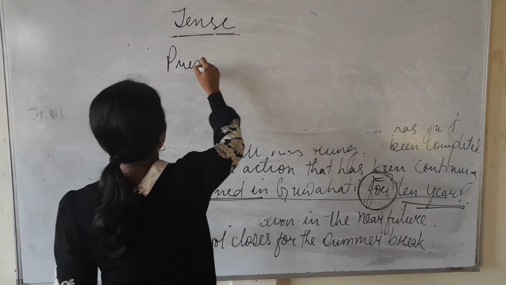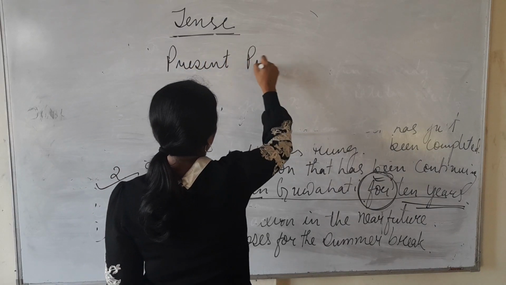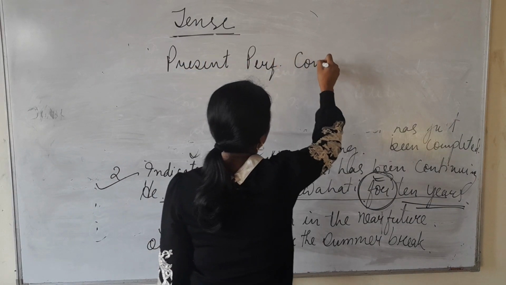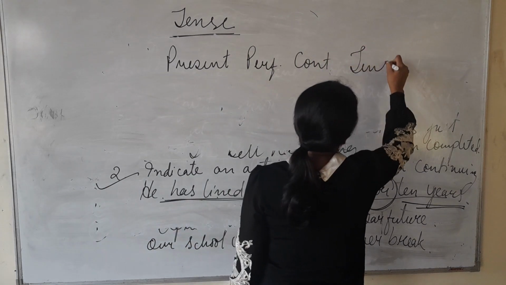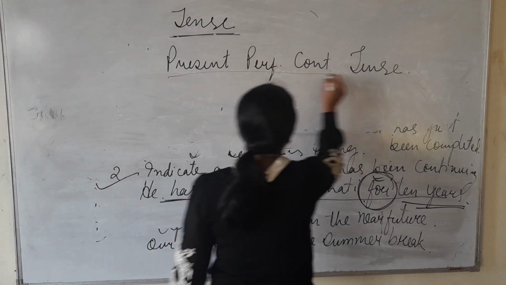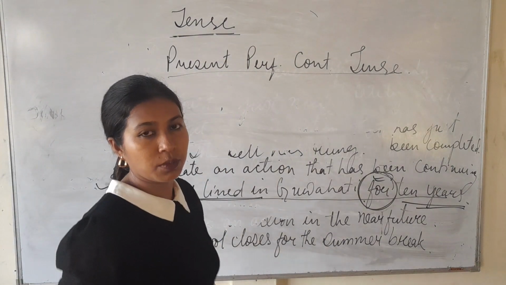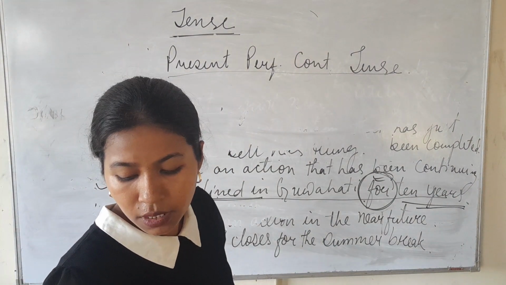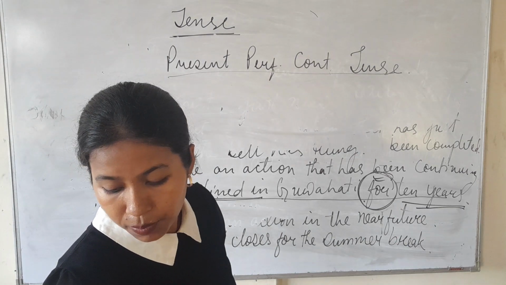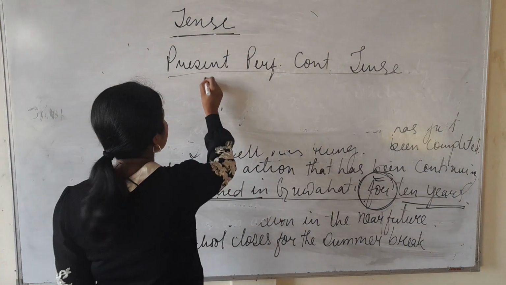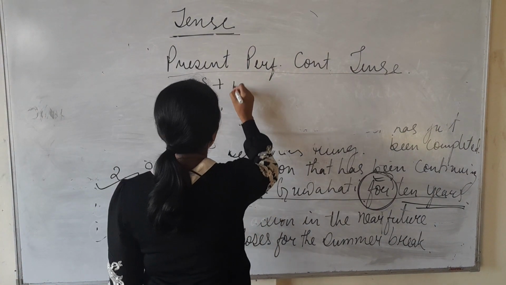So, present perfect continuous tense. It doesn't have much use as it is too long. The use nowadays in grammar is lessened because of this, but sometimes it may come in exams, so you had better know it.